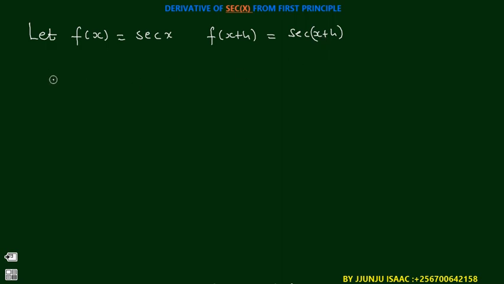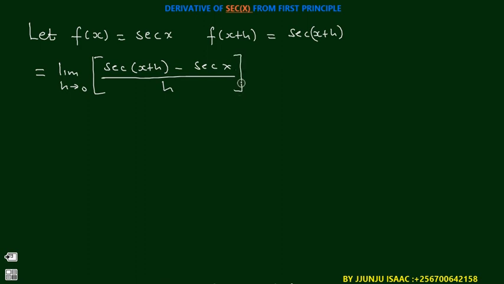So the derivative, from the definition of the derivative of a function, the derivative of sec x will be equal to the limit as h tends to 0 of f of x plus h, which is sec of x plus h, minus f of x, which is sec x, divided by h.